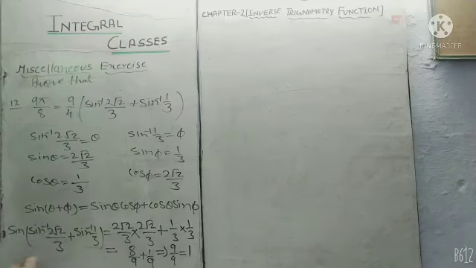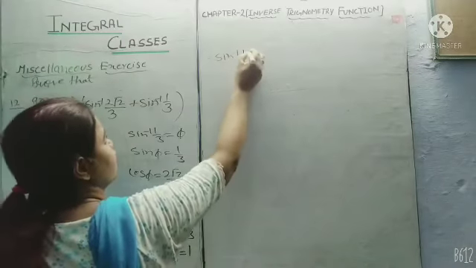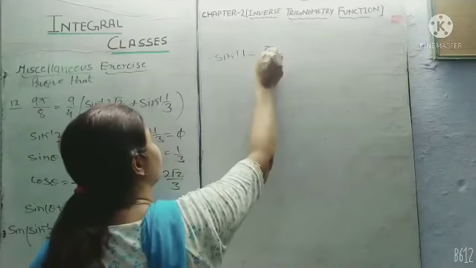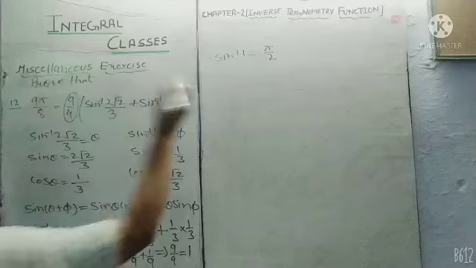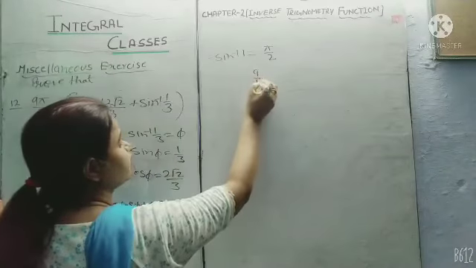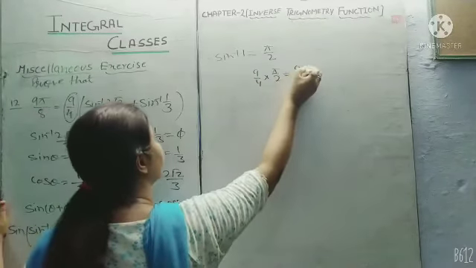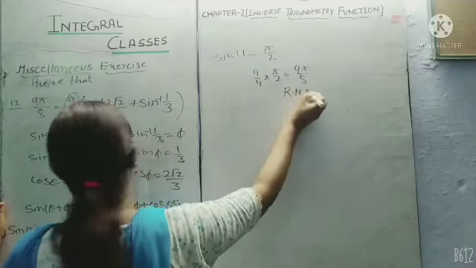Now here we will get sin inverse 1. What is the value of sin inverse 1? Sin inverse 1 is pi by 2. Now here is 9 by 4, so we will multiply 9 by 4 into pi by 2. Then we will get 9 pi by 8, which is the right hand side.